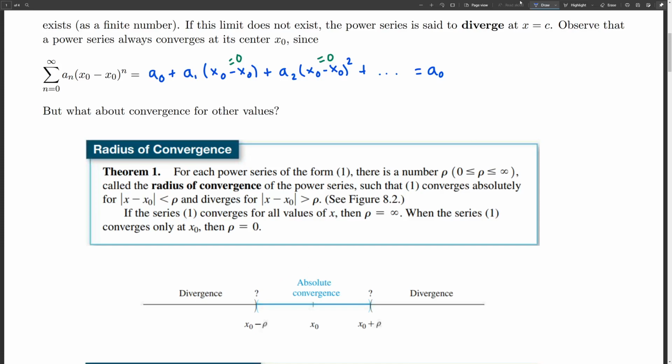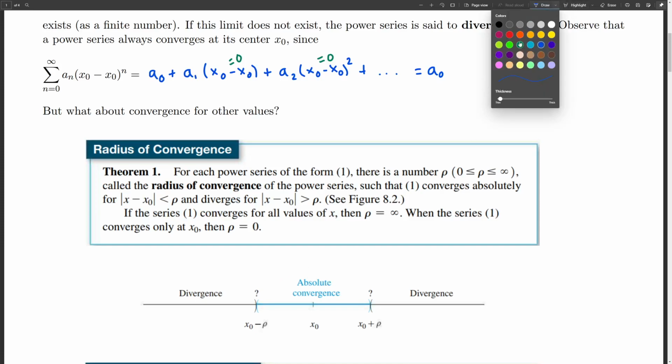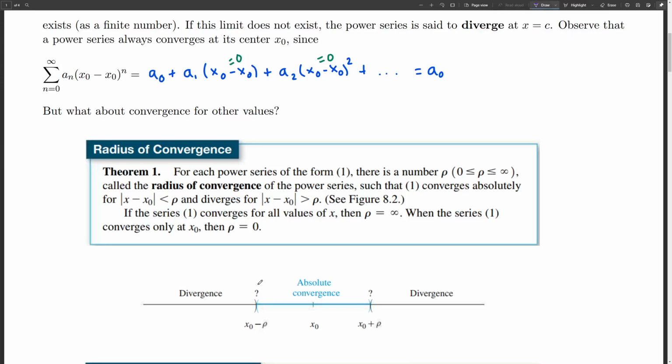Now, at the edges of the interval, we would need to check convergence separately. So at x naught minus rho and at x naught plus rho, we need to check convergence separately.